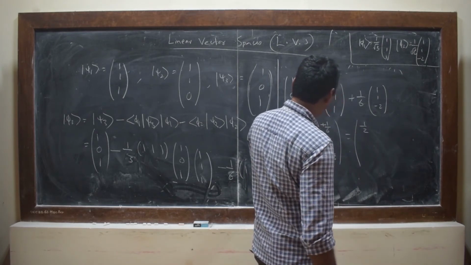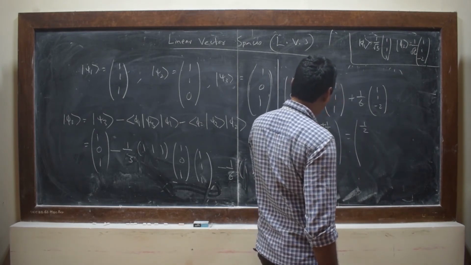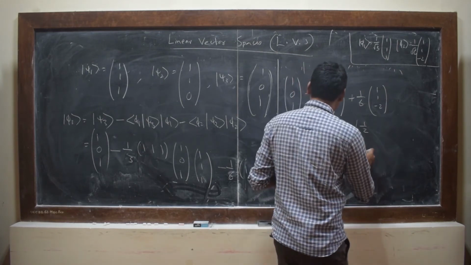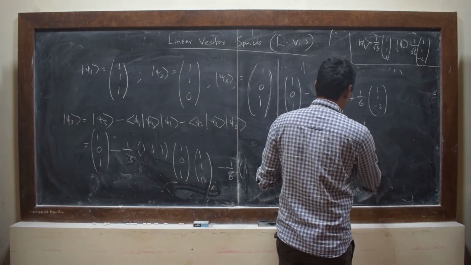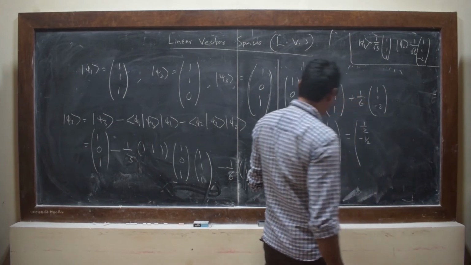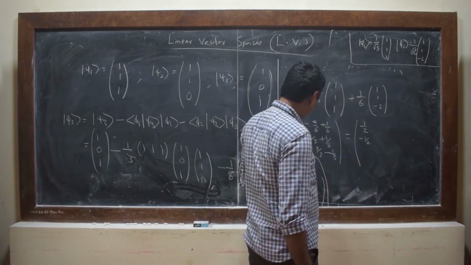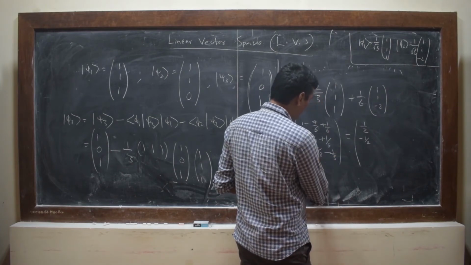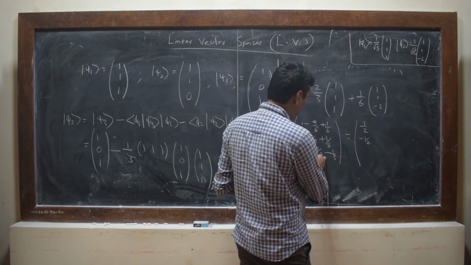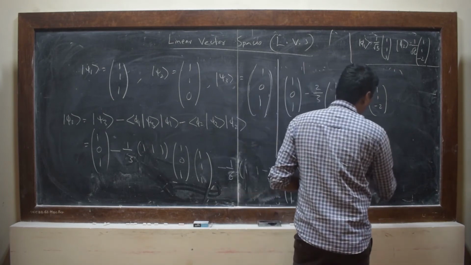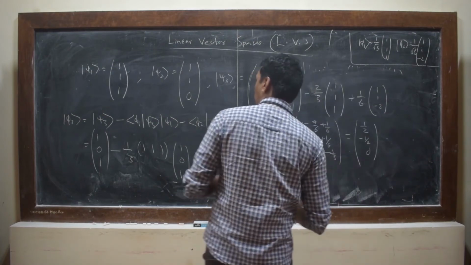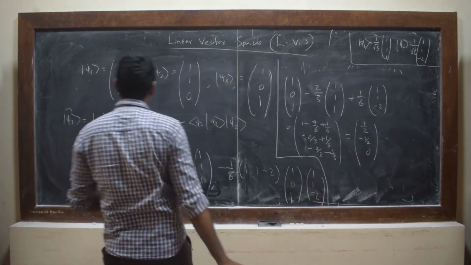And here you will have 4 by 3, so it will be again minus 1 by 2, and here you will have 1 minus 2 by 3 minus... so it will be 3 by 3, 1 minus 1, it will be 0.